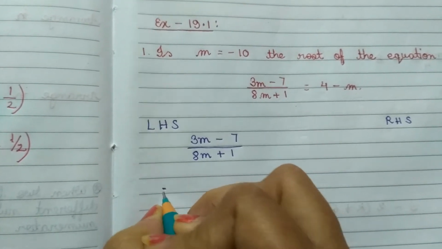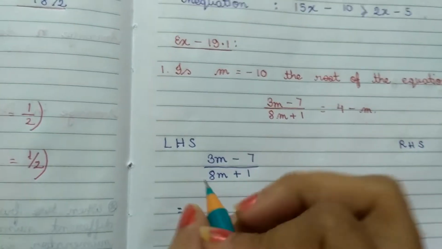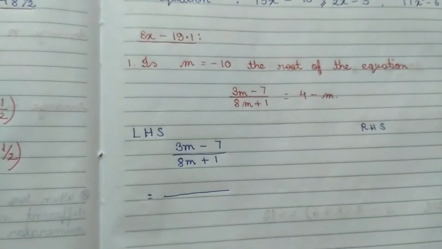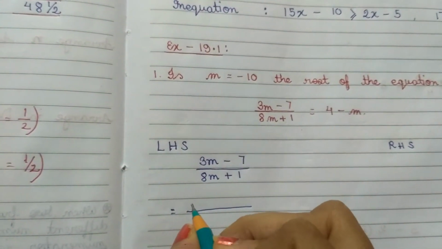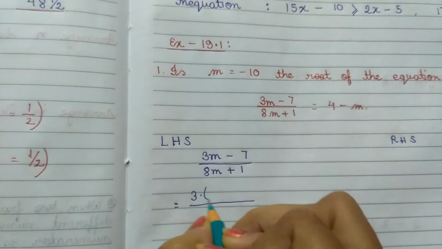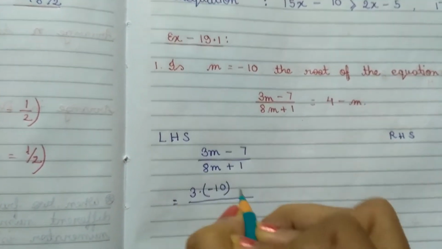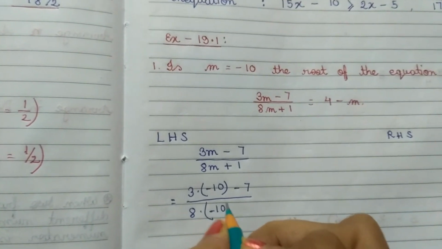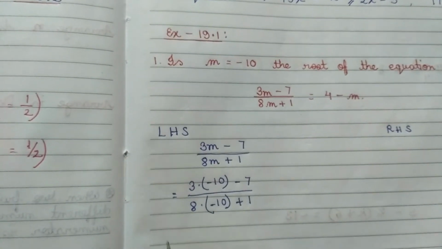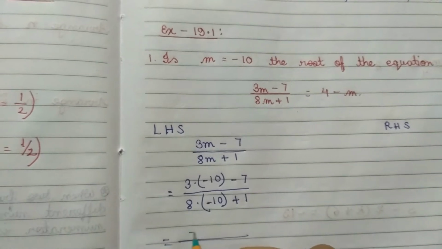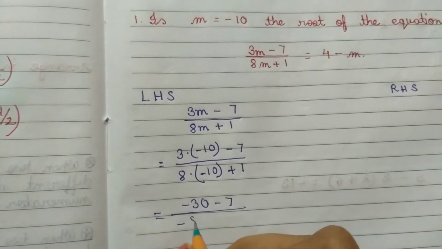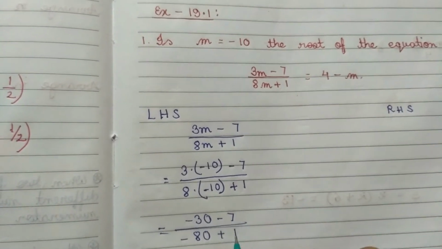So how would you do it? We will put minus 10 in the place of m. Now minus 7, and 8 into minus 10 plus 1. So 3 into minus 10 is minus 30, minus 7, and 8 into minus 10 is minus 80, plus 1.